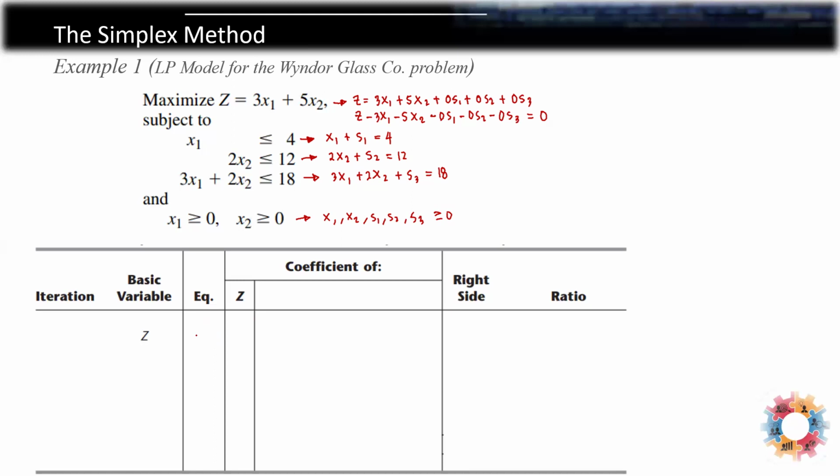We have here, let's call this equation 0. Then equation 1, these are only labels. Equation 1, then equation 2, and equation 3.